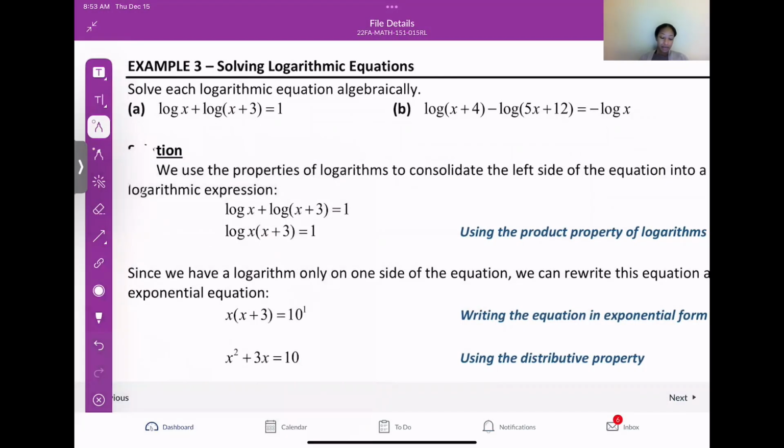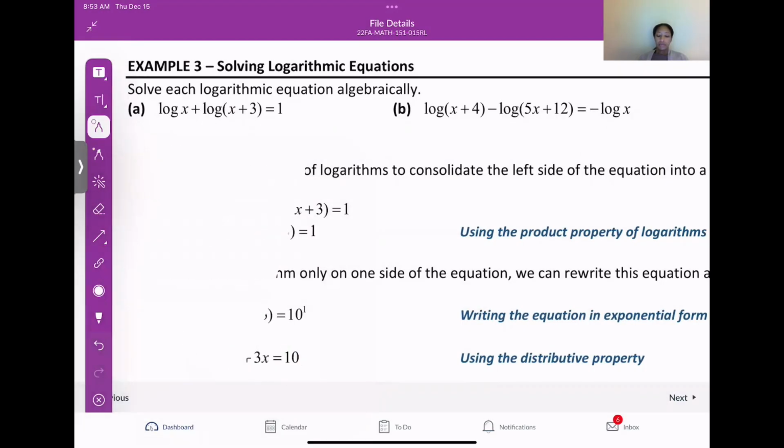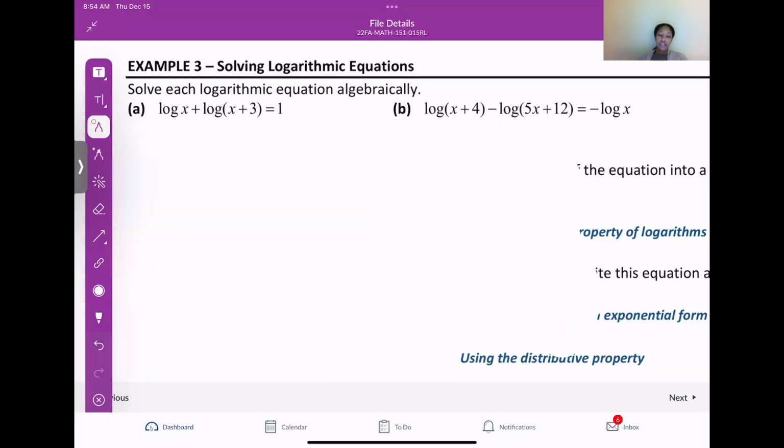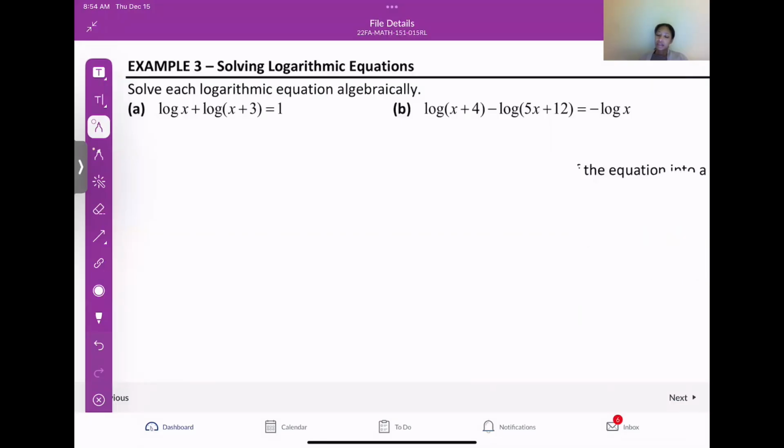All right, so for example 3, if you look at the two problems we have here, log of x plus log of x plus 3 equals 1. And log of x plus 4 minus log of 5x plus 12 equals negative log of x. In one of these, A, we just have logarithms on one side of the equation and a number on the other side. In part B, we have logarithms on both sides of the equation.